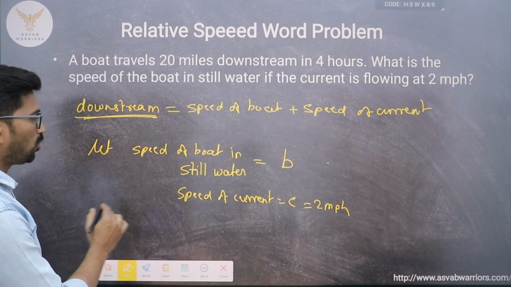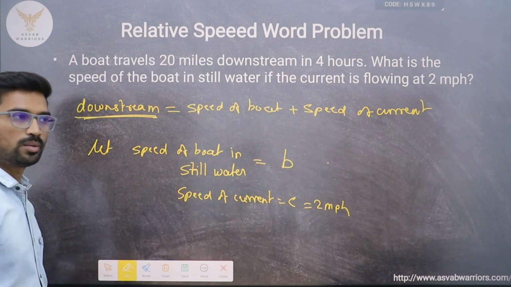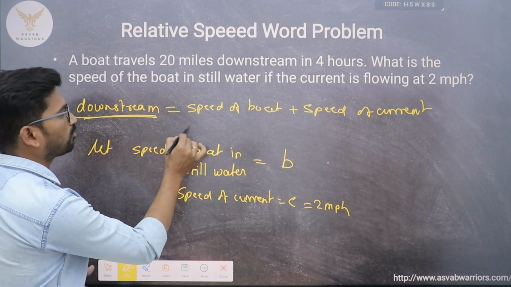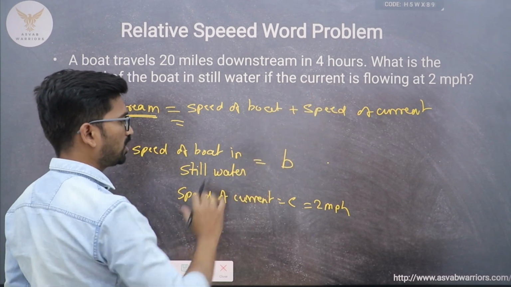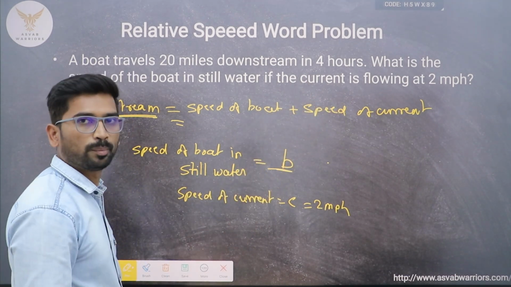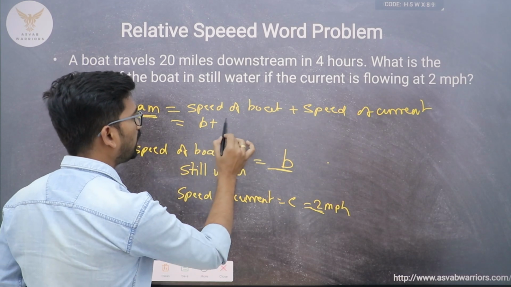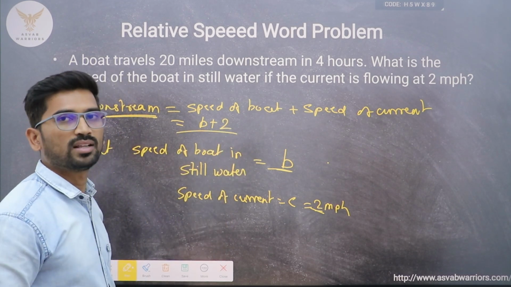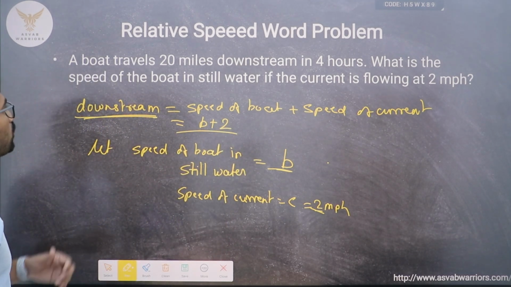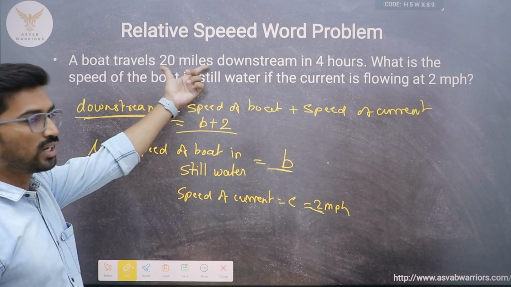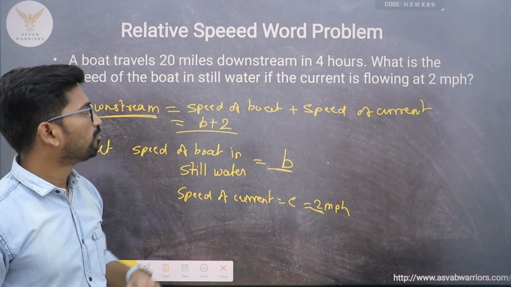Okay. Now what will be the speed of boat downstream? We know that for downstream we have the formula speed of boat plus speed of current. Here speed of boat is B and speed of current is 2. So the downstream speed will be B plus 2 miles per hour. And we have been given that the boat travels 20 miles in 4 hours.